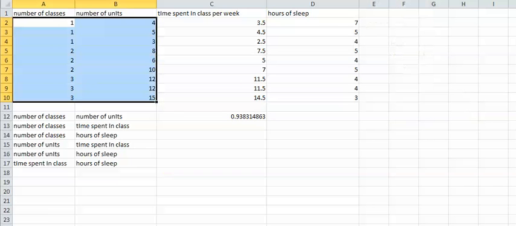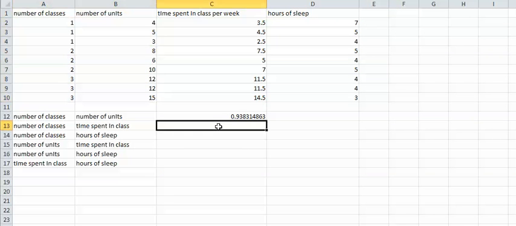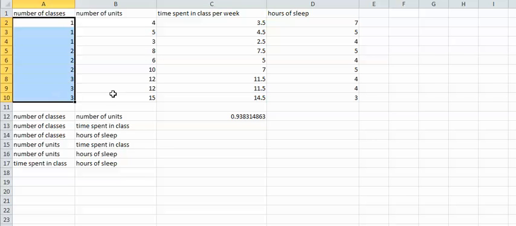What about units and time spent in class? Well, we saw here that usually students who are taking more classes are spending more time in class per week, but it seems like it's a little bit less consistent because we have some students in here who aren't always attending all of their classes, or they're coming to class late sometimes. So this correlation might be a little bit weaker.